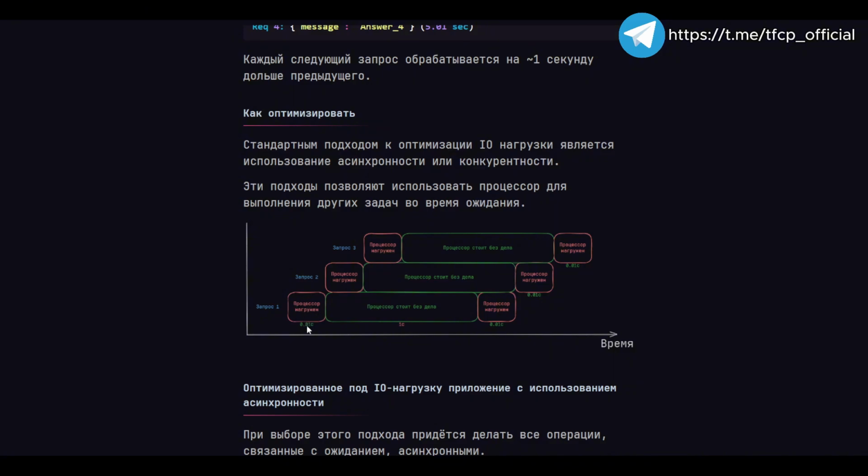Here we very briefly send a request for 0.01 seconds and then wait. Here the processor starts to stand idle. As soon as it starts to stand idle, we can begin to perform other tasks. Therefore, we take the second request here and occupy the processor with it. We occupied it for a while in order to send a request. In this case, it starts waiting again, and now both are waiting, so we can take some third task.